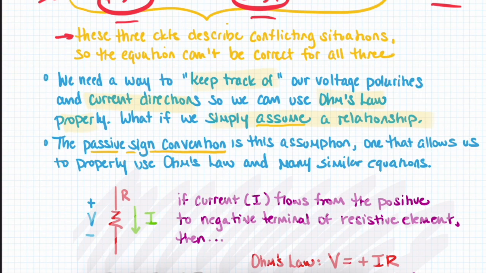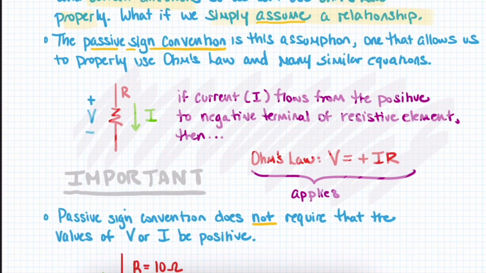So the passive sign convention is this assumption, one that we're going to use heavily in this class. It allows us to properly use Ohm's law and many similar equations. And so what it says is that if a current I flows from the positive to the negative terminal of a resistive element, or really any element, then Ohm's law applies as shown here: V equals IR, positive IR.